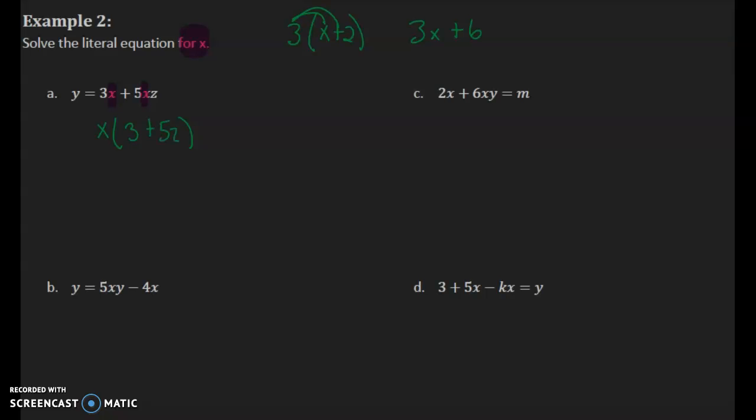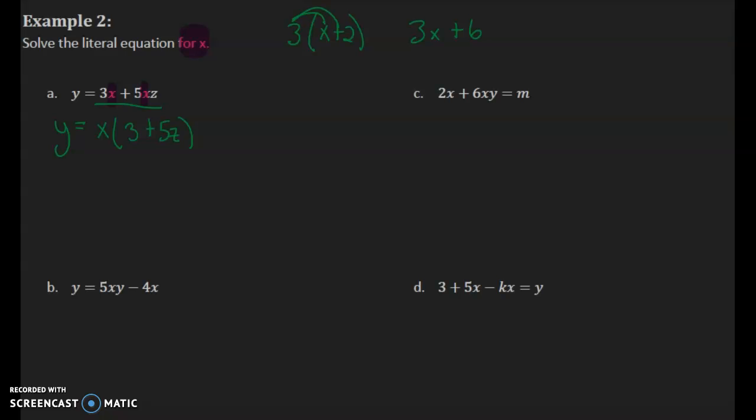So everything not highlighted. How you know you're doing okay is think back in your head. If I distributed the x, would it work out to what I started with right here? So let's look. X times 3, that would be your 3x. And then x times 5z, that's 5xz. So far we're on the right track. Now we still want to get x by itself.